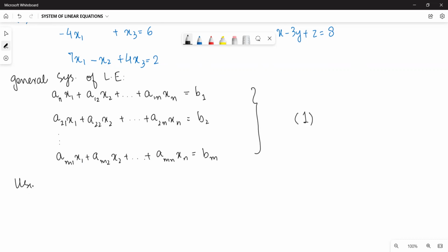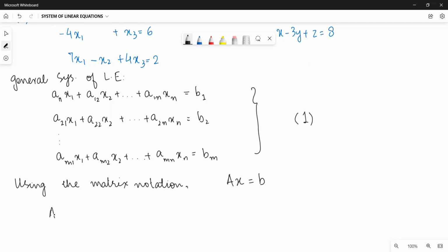Using the matrix notation, we can represent this system as Ax is equals to B, where A, X, and B all are matrices.